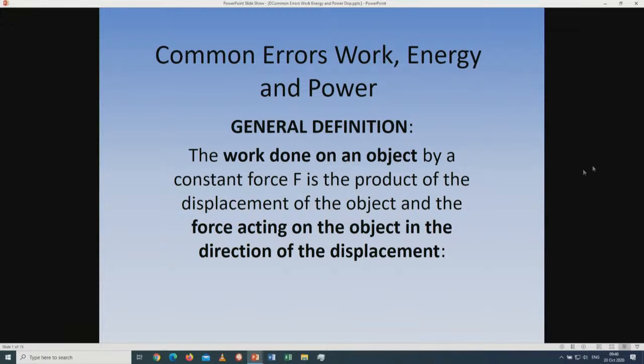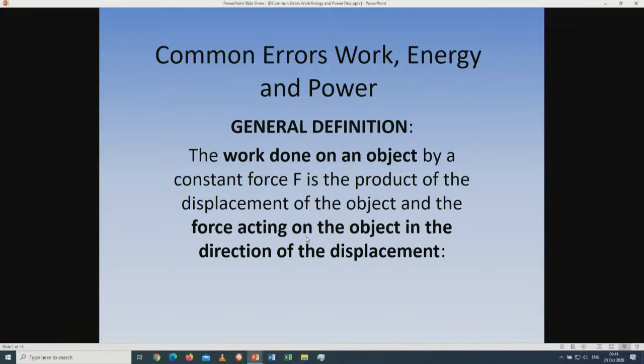In grade 9, you were exposed to the principle that work done by a force is the product of the displacement of that object and, very important, the force acting on the object in the direction of the displacement.